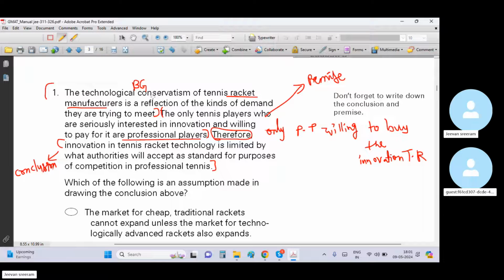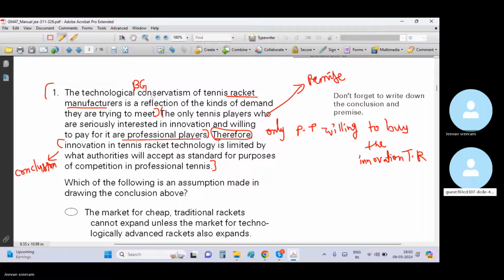So what is the factual information he mentioned? Racket manufacturers are producing the same kind of tennis rackets because that is as per the demand in the market. Even if they design any new kind of tennis rackets, professional players are the only players ready to buy them. That's the factual information he presented.